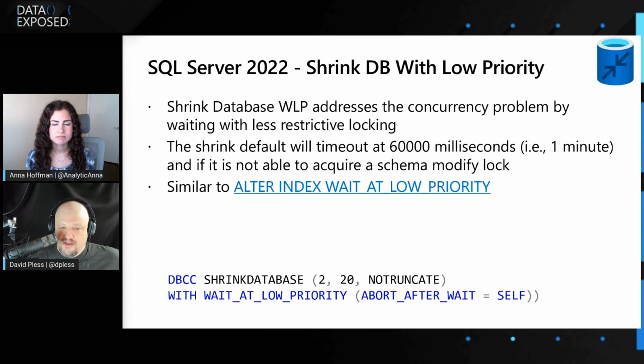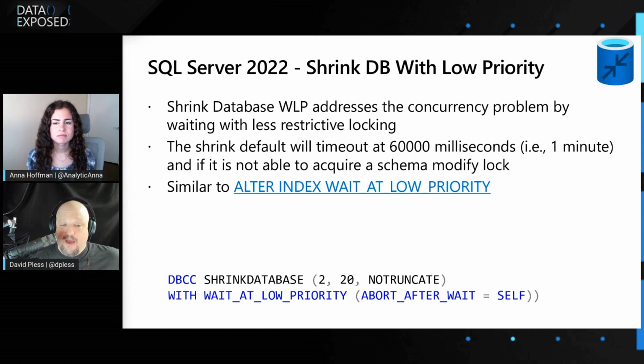The challenge is that using shrink database and shrink file operations can lead to concurrency issues where the shrink process can be blocked by workloads that hold incompatible locks. You don't see it all the time, but for customers in highly transactional environments, it definitely occurs.